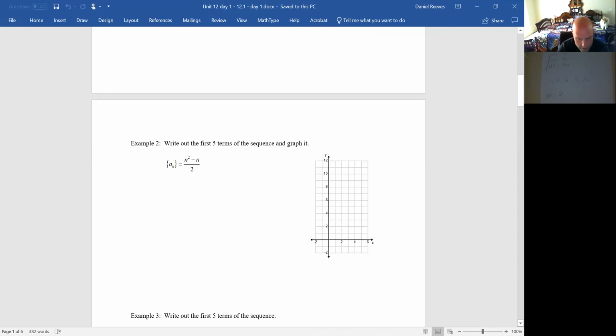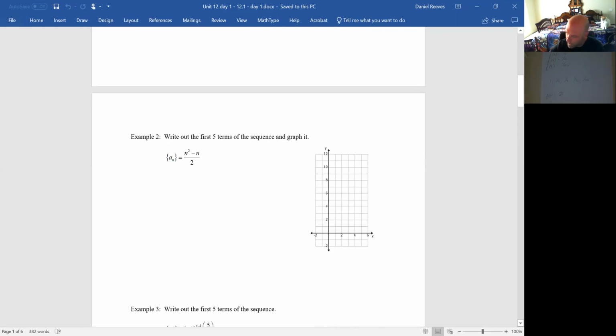Here is another one, which we are going to write out and then graph. So in example 2, I've got a sub n equals n squared minus n over 2. A sub 1 is 1 squared minus 1 over 2, that is 0 over 2, that is 0. A sub 2 should equal 2 squared minus 2 over 2, that is 1.